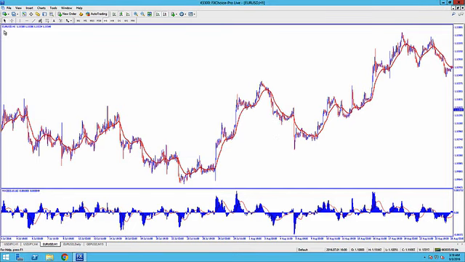Giving you a chart right here of the EUR USD, I want to discuss the continuation pattern. So, in a normal trending environment, markets will go up, for example, they will retrace, they will go up again, they will retrace, they will continue higher.